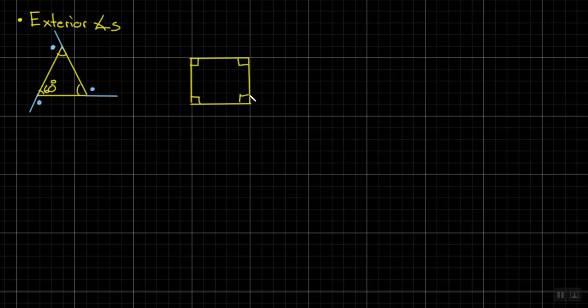Whether we knew they're right angles or not, I recognize that there are four angles and they have to add up to 360. It doesn't matter if they're really all four right angles or not, but this is a nice one to think about. How many exterior angles should I get on this? So one here, here, and I'll just mark them all again, 3 and 4.